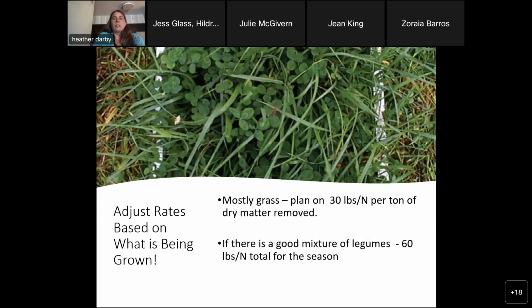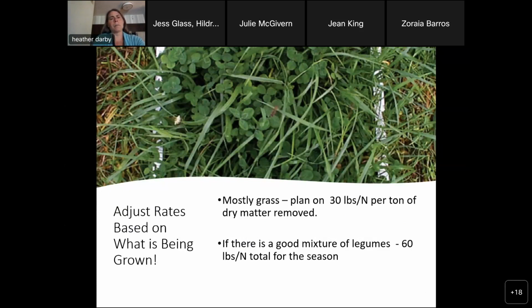All right. So as far as adding more fertility to pastures, the thing that bothers me most about nutrient management planning in general is that most nutrient management plans don't even include pasture because manure is not mechanically applied, so it's not a requirement.